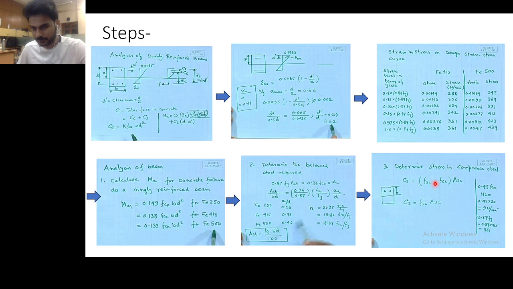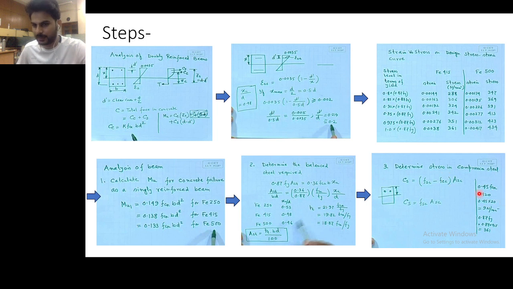Okay, so determine the stresses in the compression steel. Like CS, how do we determine CS? CS is directly fsc, the stress in the steel, minus the stress in the concrete. For that, the professor has mentioned that we can neglect fcc because it is a very small value.